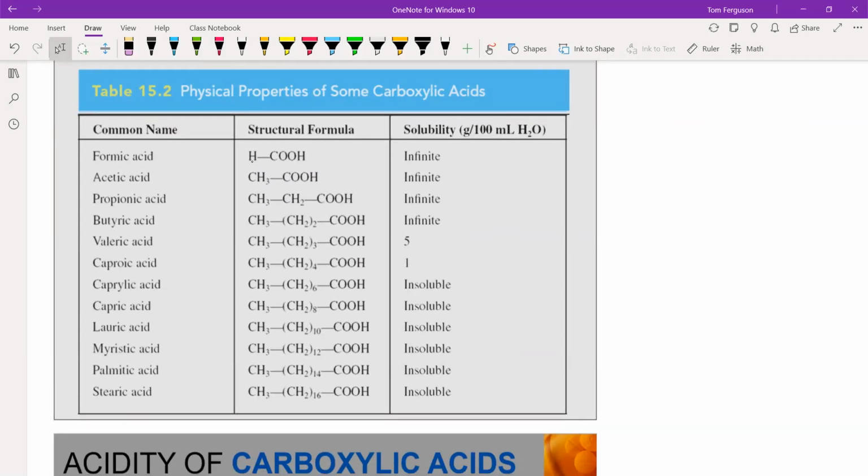Okay, so we see that magic number 7 again come up. No, actually it's 8. Count that. So we're looking, this would be C7 plus the COOH. That's where the breakout point would be.